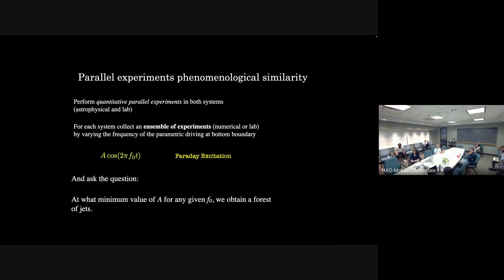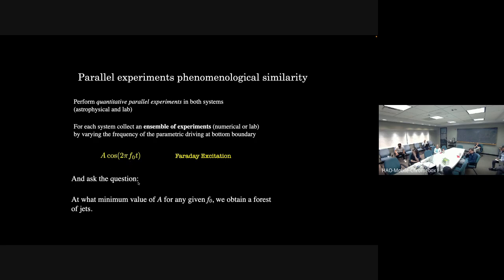So now we have the fluid experiment in the laboratory, and we have this numerical setup. What we plan to do is parallel experiments in both systems, and they have to be quantitative. So for each system, we collect an ensemble of experiments. We drive the system with this parametric driving known as the Faraday excitation, as I said before.